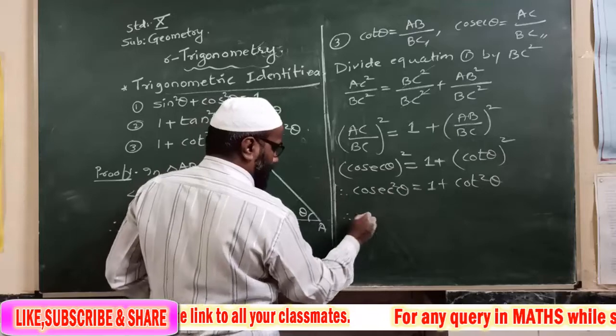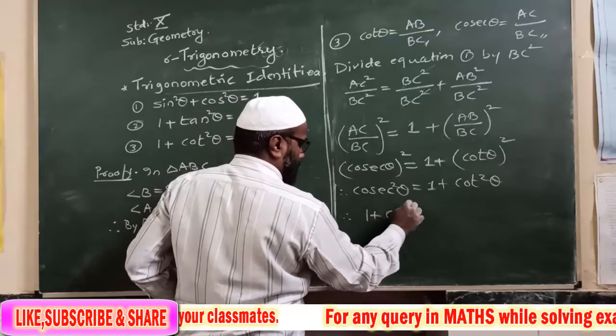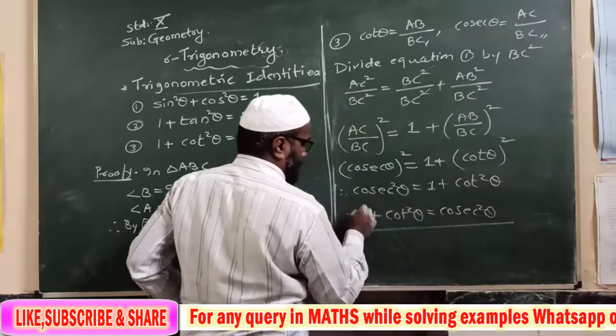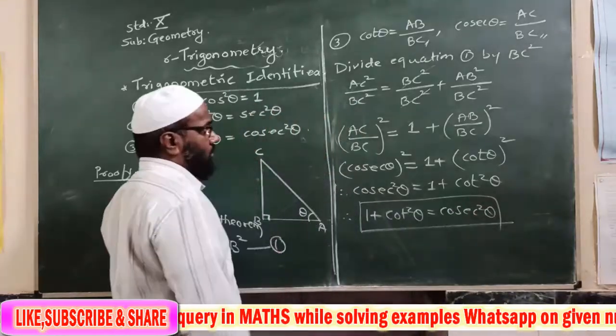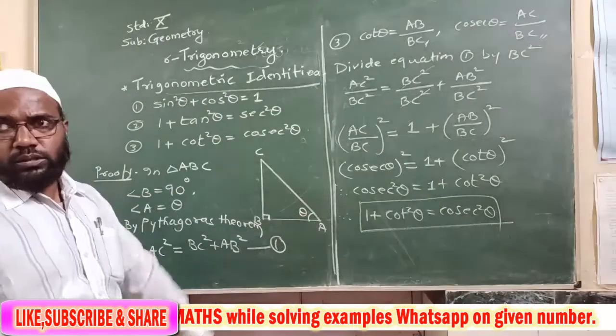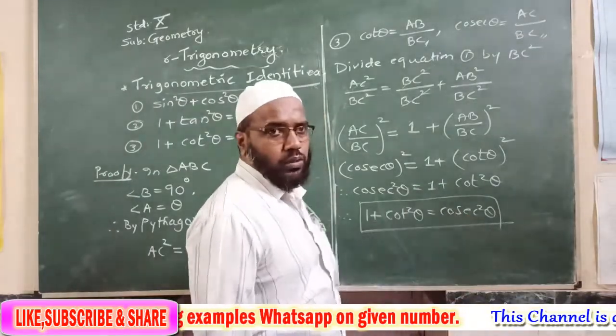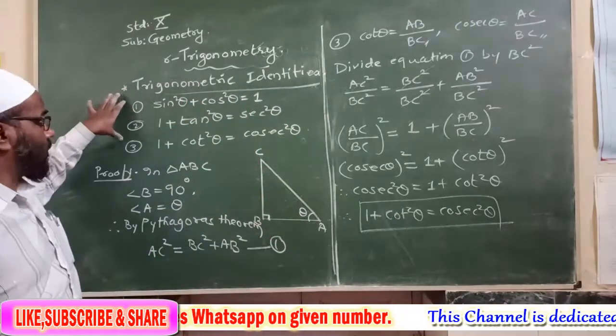We rewrite this formula as 1 plus cot square theta is equal to cosec square theta. So in this way we got the third trigonometric identity. So these are the three trigonometric identities.